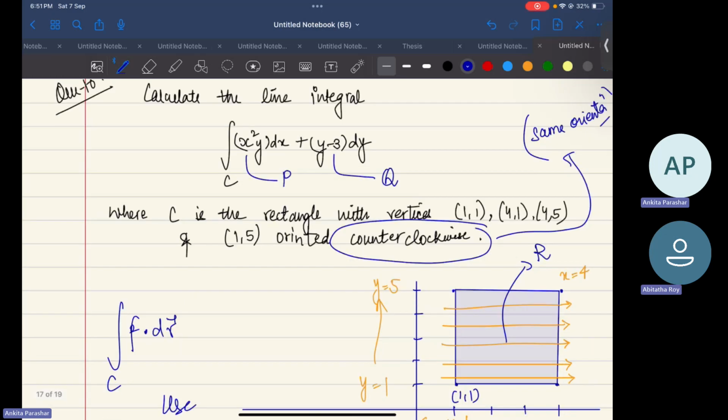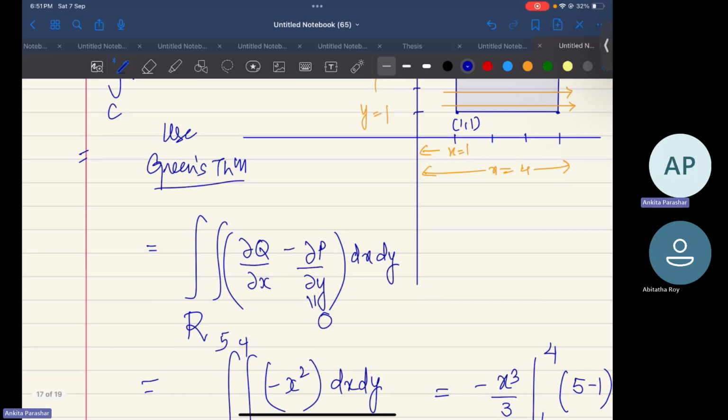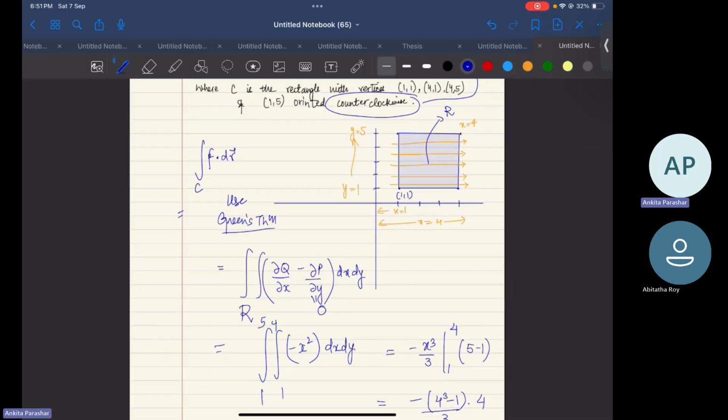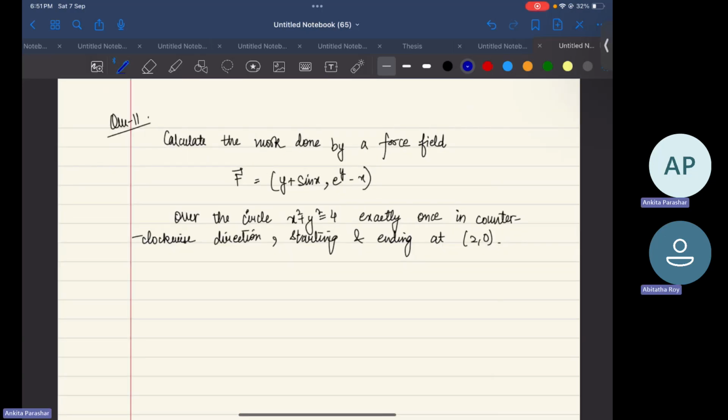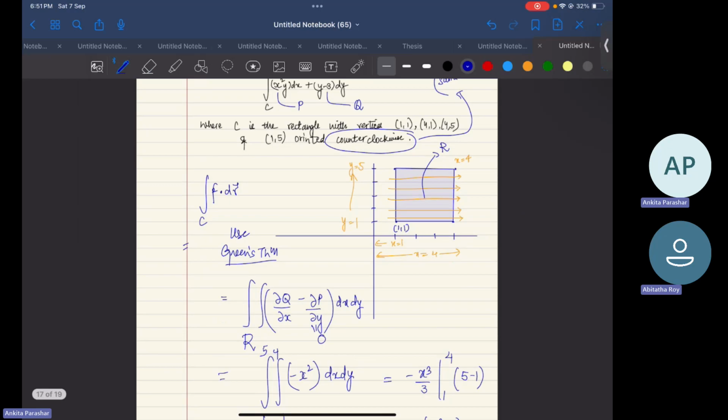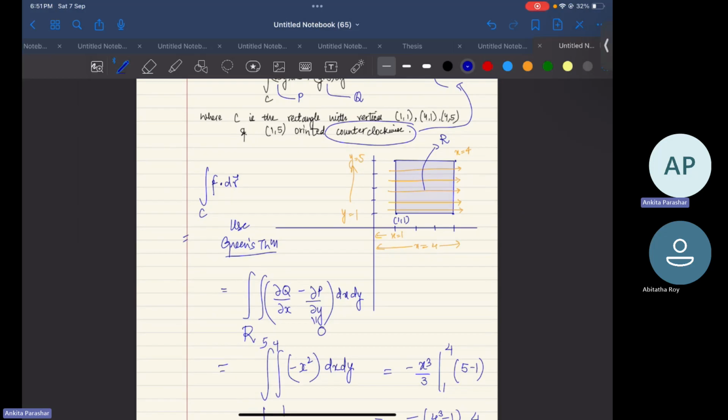If it's written as clockwise, then of course you have to put a minus sign in Green's theorem. Do you follow that? Yes, I just want to make sure that direction is important. By convention, we always use the orientation to be counterclockwise. If somewhere it comes clockwise, you have to be careful with the sign.